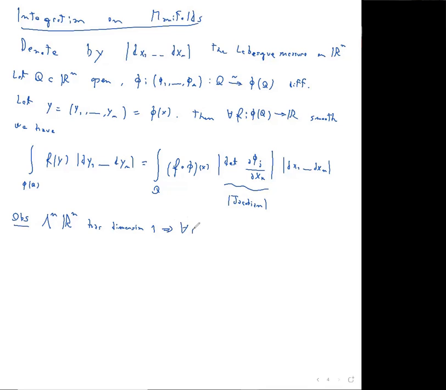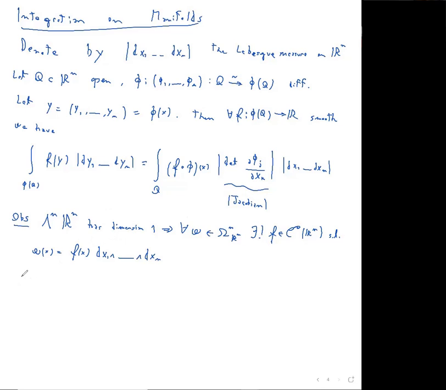In particular, for every n-form omega on Rn, there exists a unique smooth function f such that omega at x is nothing but f of x times dx1 wedge dxn.